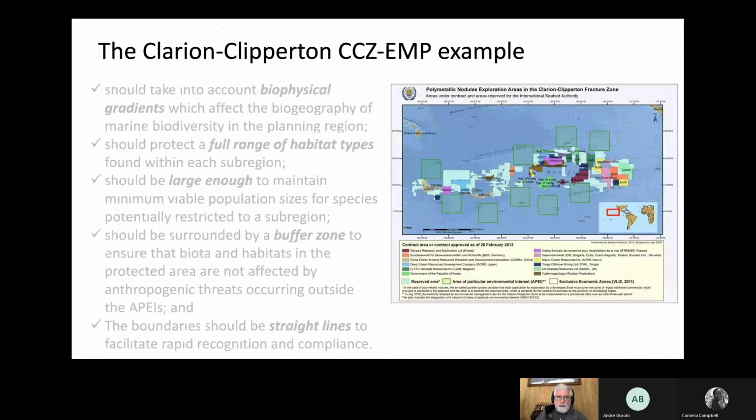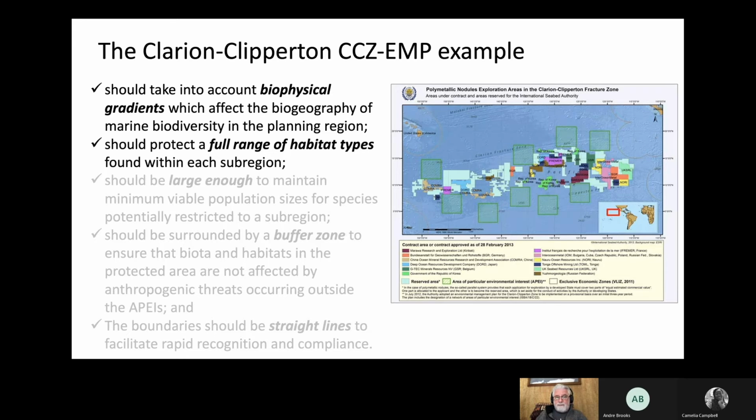Just a little background: the first environmental management plan was the CCZ plan in the Pacific. This one used a very broad approach that looked at biophysical gradients, tried to capture ranges of habitat types, and tried to implement large areas to protect minimum viable population sizes.